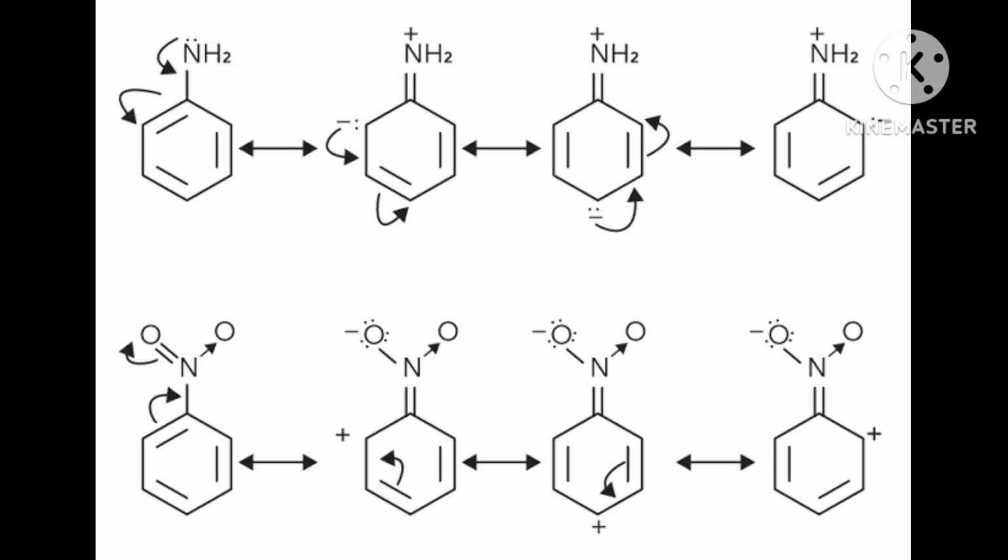This is the important thing I have given. I just explained it by giving an example. Here is an important point I am telling you: when inductive and electromeric effects operate in opposite directions, suppose in one system both are going on, inductive effect and electromeric effect, then what will happen?